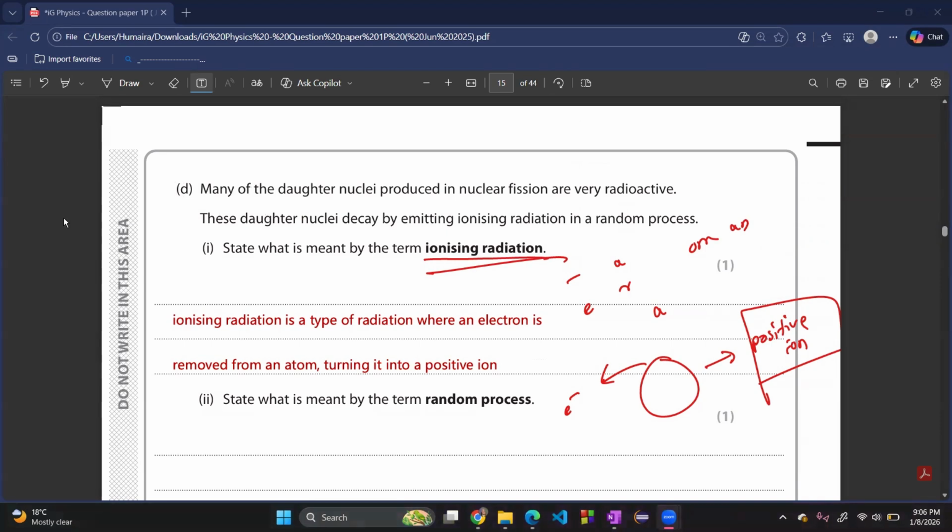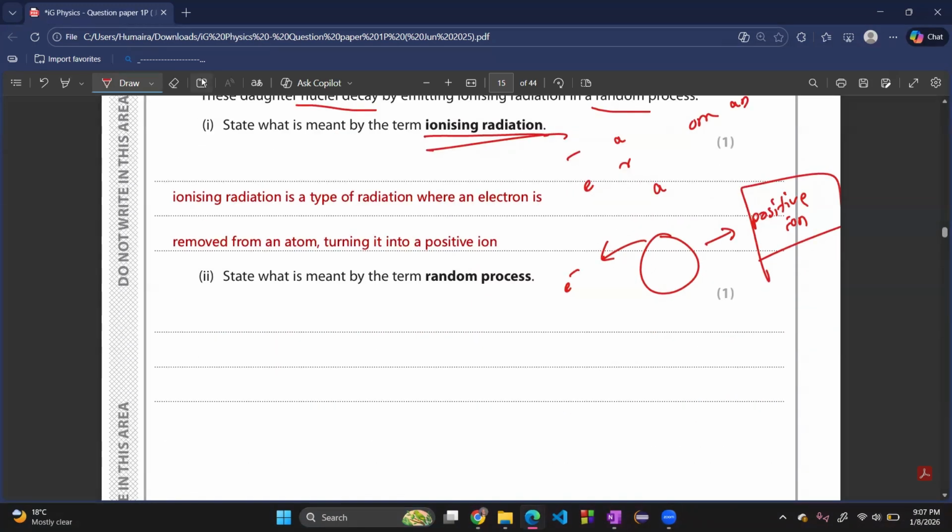Many of the daughter nuclei produced by nuclear fission are very radioactive. These daughter nuclei decay by emitting ionizing radiation in a random process. So the action here is the nuclear decay. So random basically means here that you do not know exactly when a nucleus is going to decay. It does not follow a particular pattern, and that is known as a random process.